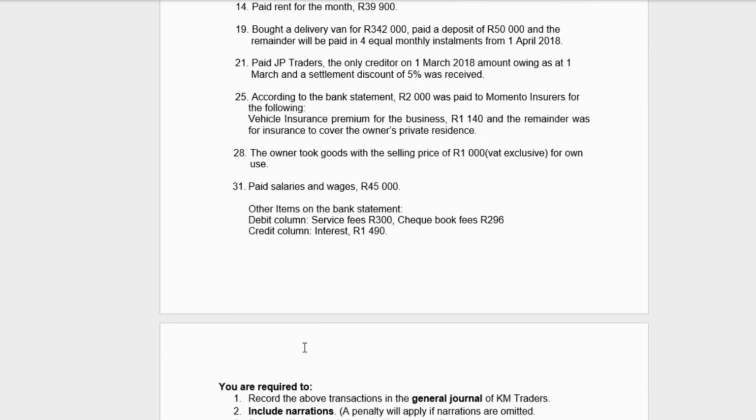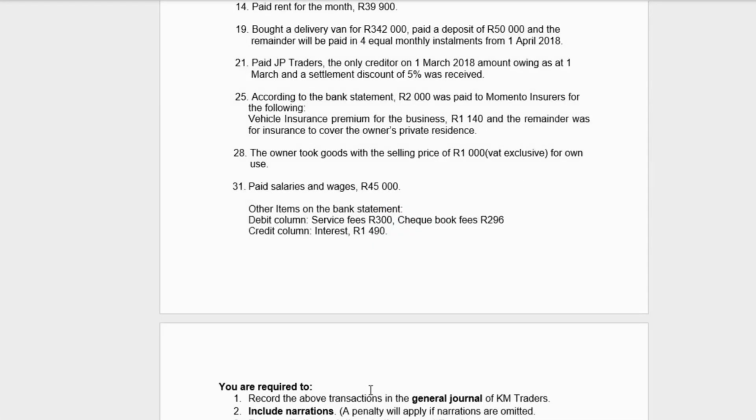It says paid salaries and wages of 45,000, and on salaries and wages we're not accounting for VAT there, because people pay a lot of deductions, and even SARS, the UIF and all of that, are paid already.